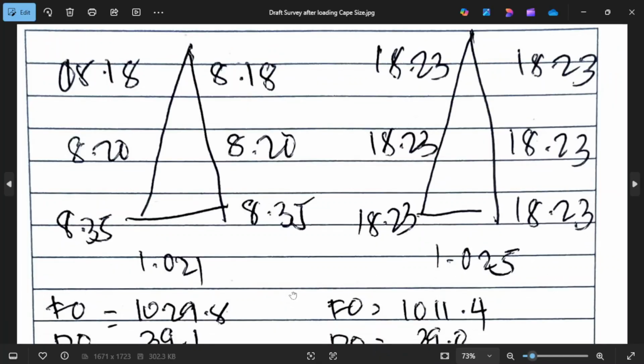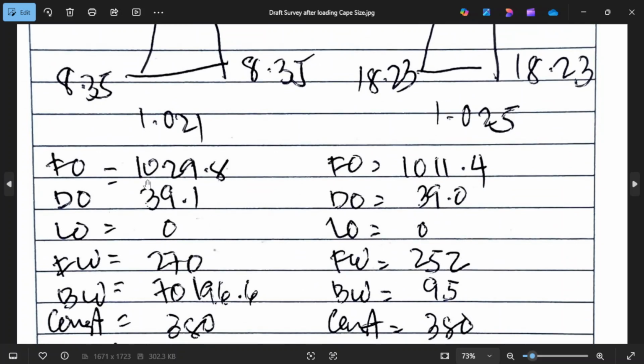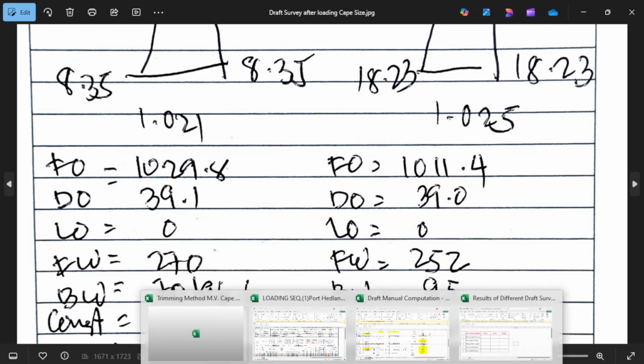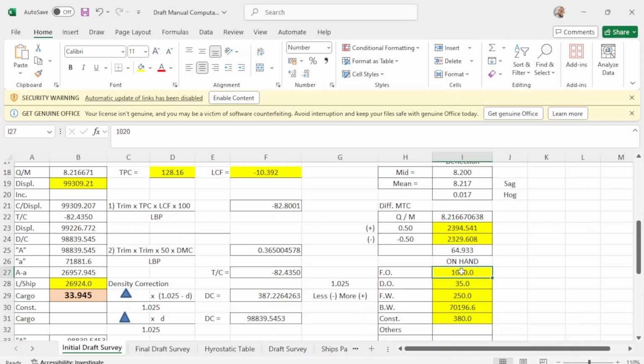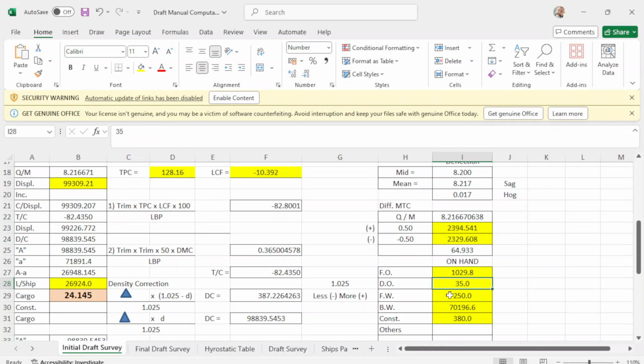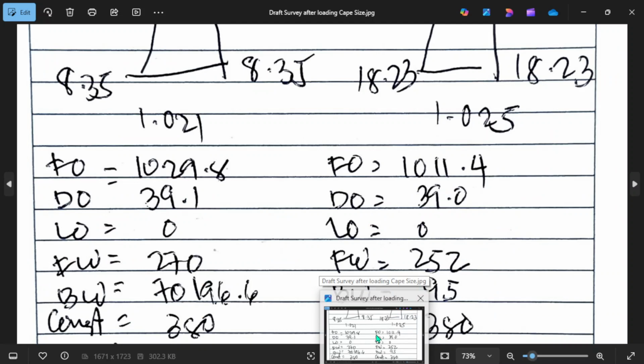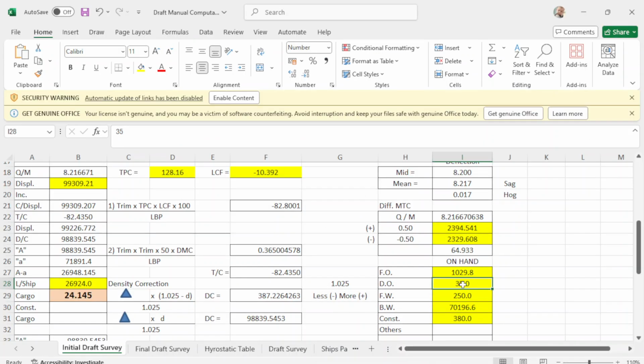Okay, the fuel oil is 1029.8. DO is 39.1. Put there, 39.1.